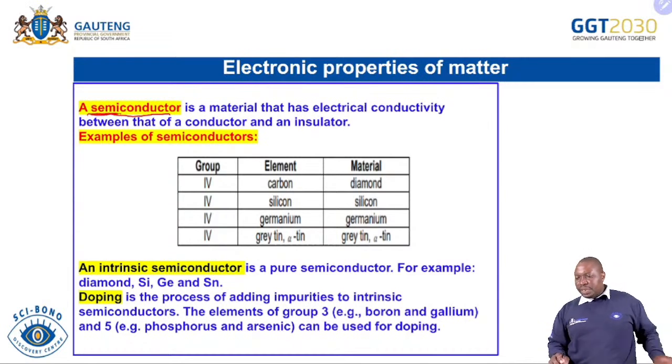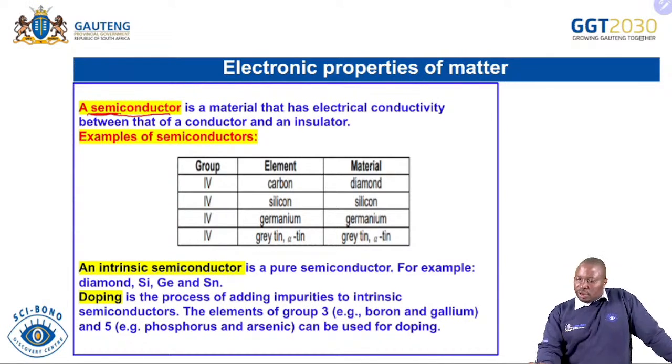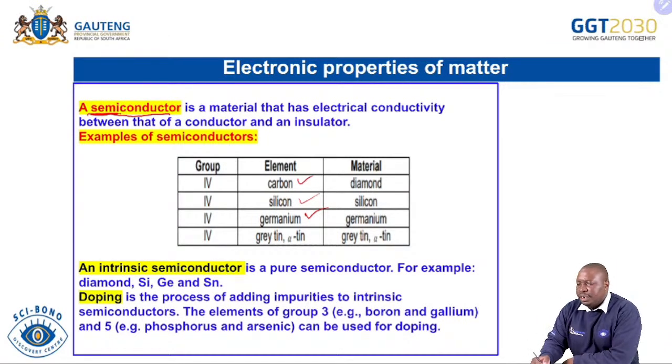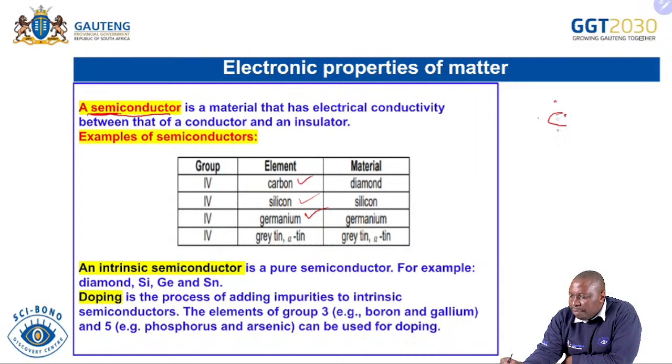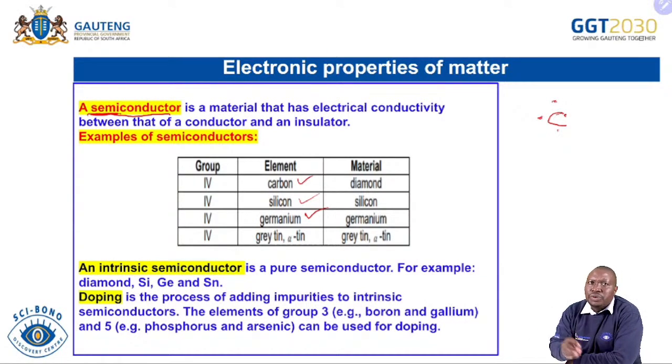semiconductor. Examples of semiconductors are in group 4 in the periodic table, the group 4 elements there. So we have carbon, silicon, germanium, and tin, which is the gray and the alpha tin. Now, you will remember when we started with organic chemistry, you talked about the valence, to say carbon is tetravalent, meaning that it has 4 electrons in the outermost energy level.